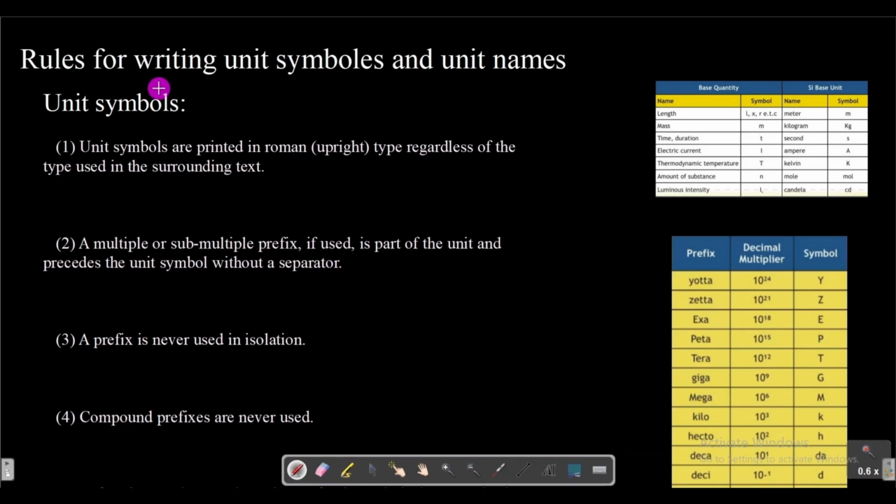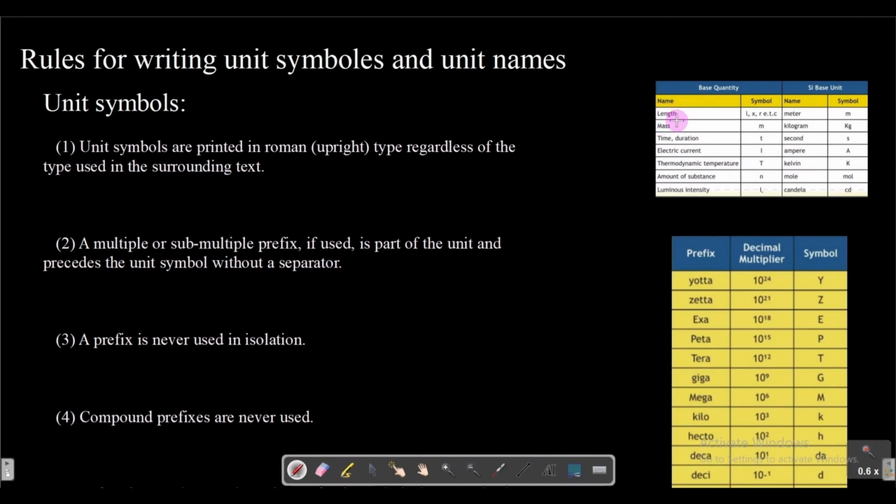Today in this lecture, we will discuss the rules for writing unit symbols and unit names. So why this topic? For that, let's take a glance at the previous lectures. In the previous lectures, we discussed physical quantities, and one type of physical quantity is the base physical quantities. We have seven base physical quantities, and let's consider one of them.